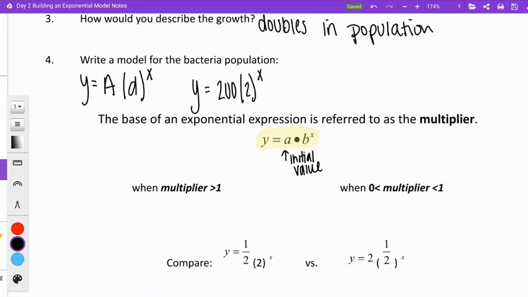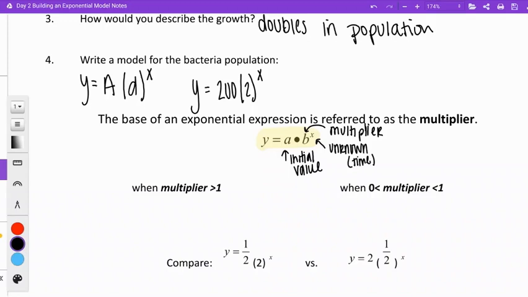Our b value is the multiplier. And x is the unknown. So time normally.